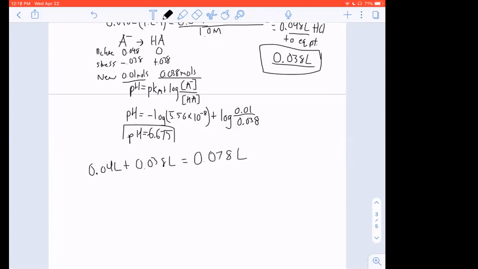So to find the concentration of A minus, that's going to equal 0.01 moles over 0.078 liters. To find the concentration of HA, once again, this value just comes from that table. The moles of HA also comes from that table, which is 0.038.